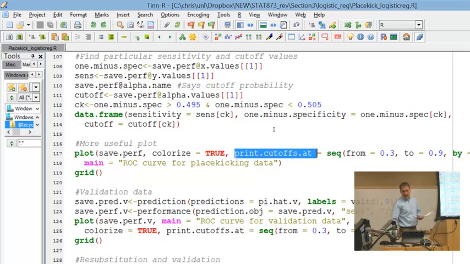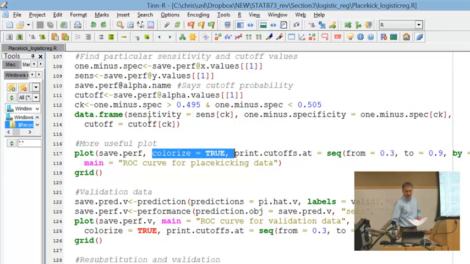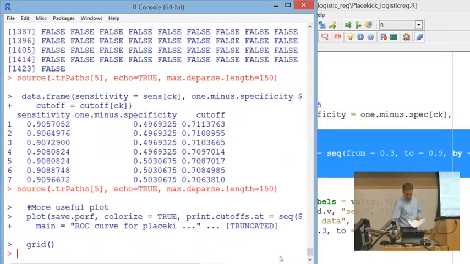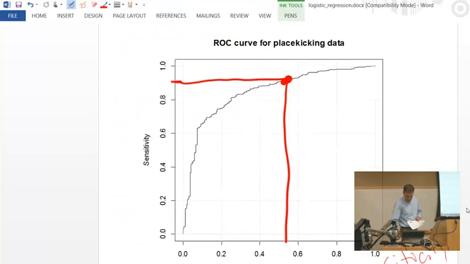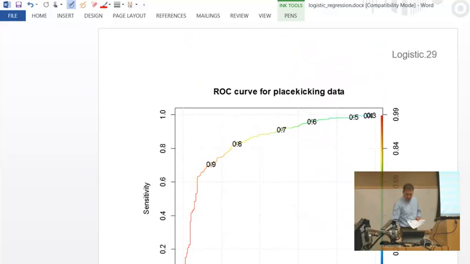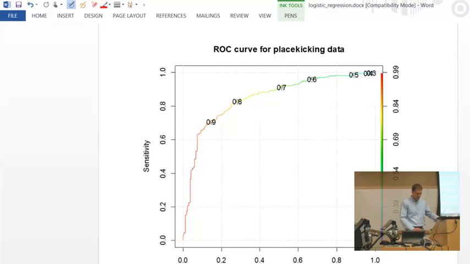And I'm going to take a sequence of numbers from 0.3 to 0.9 by 0.1. I'm also going to add some color to the plot as well. So when I execute it, let me go on over here to Word. Here's my plot. First of all, you see some numbers plotted on the curve.